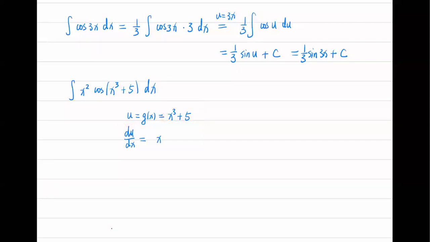Okay, 3x squared. Now we have x squared, so what's missing is 3. Again, we will make up a 3 and divide it by 3. Cosine. Okay, now we have u and du. So we can rewrite this using the u substitution.